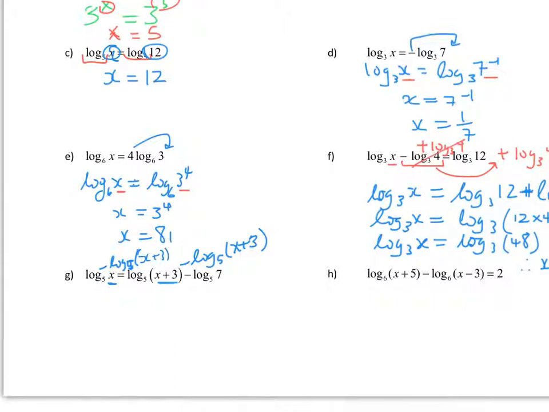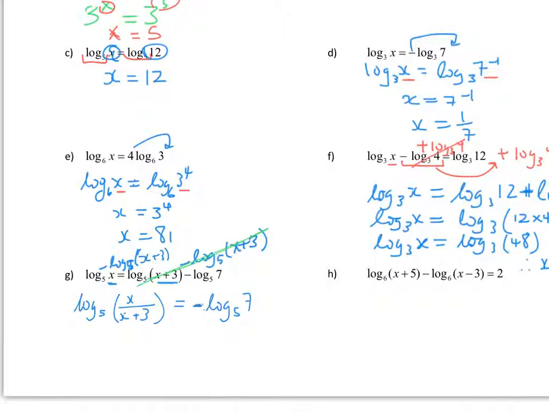Okay, so that's going to get rid of this one on this side, and it leaves us with, when I'm subtracting those, they can be written as a single logarithm where they're being divided. And that's equal to negative log 5 of 7.